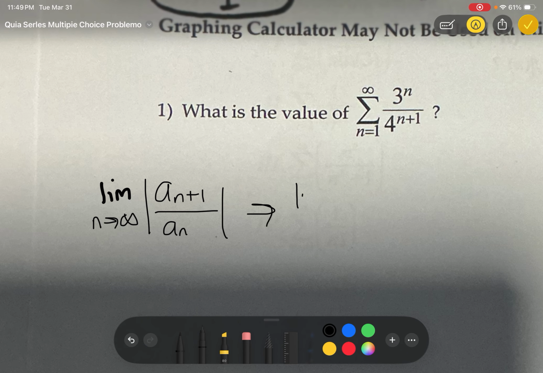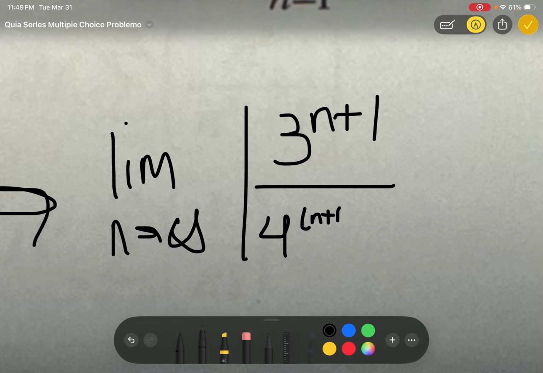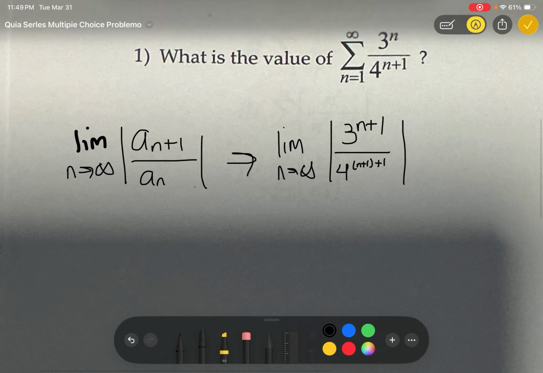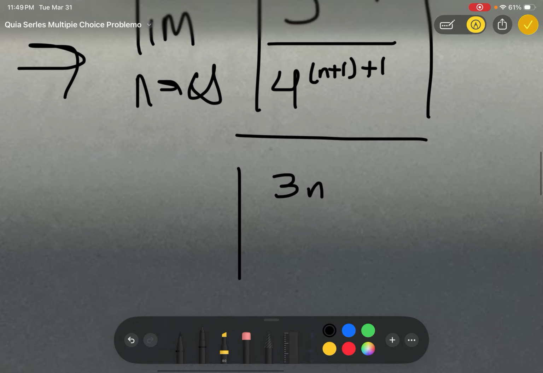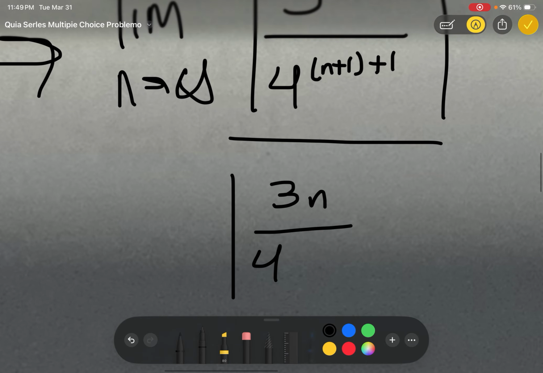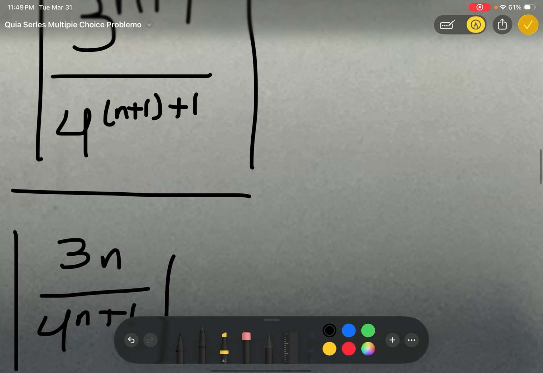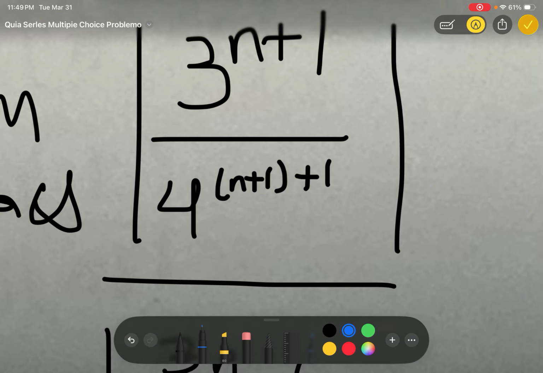The limit as n approaches infinity is 3 to the n plus 1 over 4 to the n plus 1 plus 1, over 3 to the n over 4 to the n plus 1.